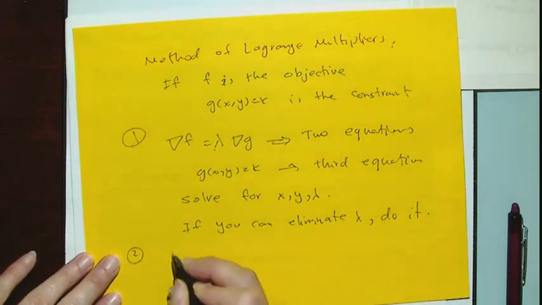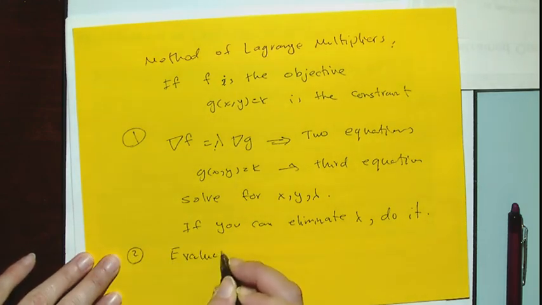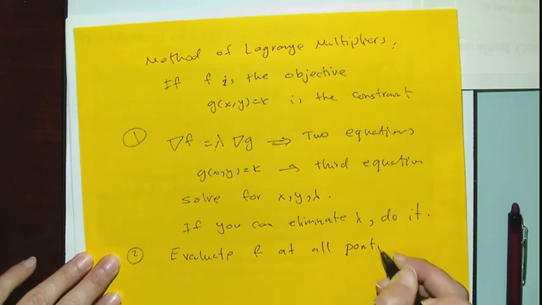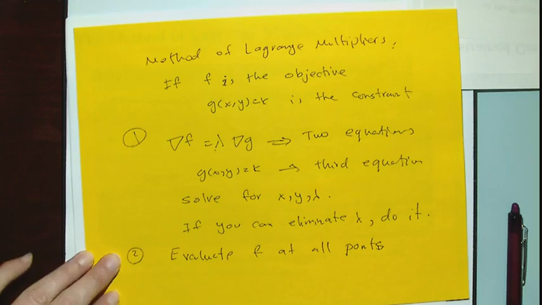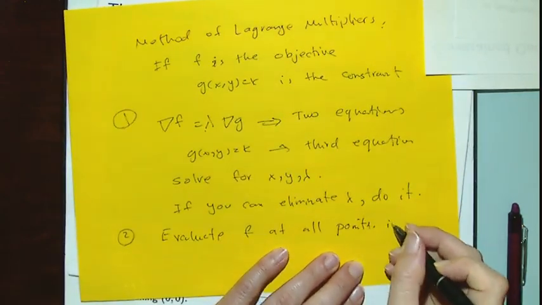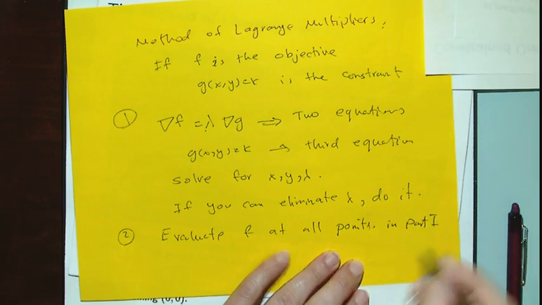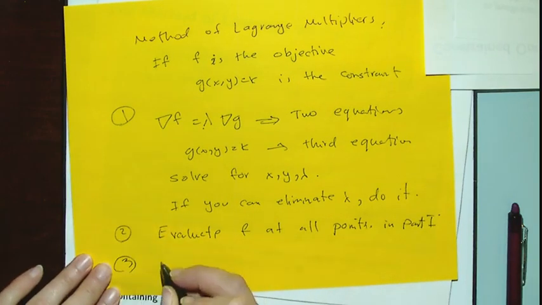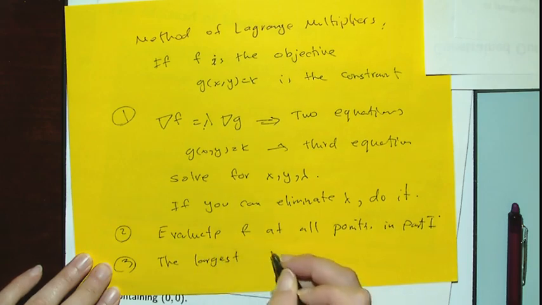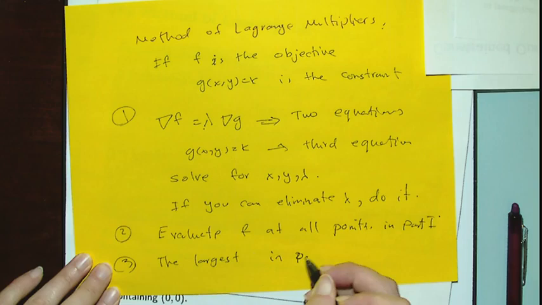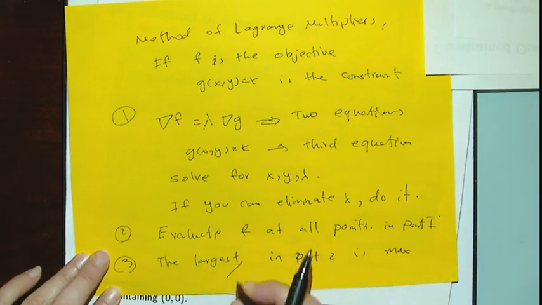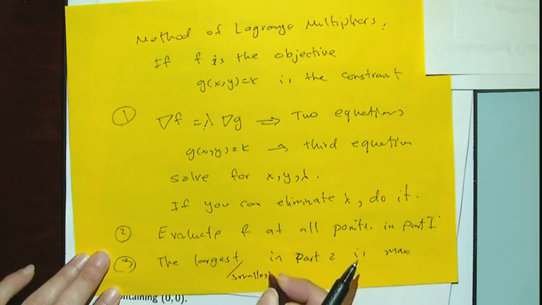Then 2, evaluate f at all points in part 1. 3, the largest in part 2 is max, the smallest is the min, under a few conditions.